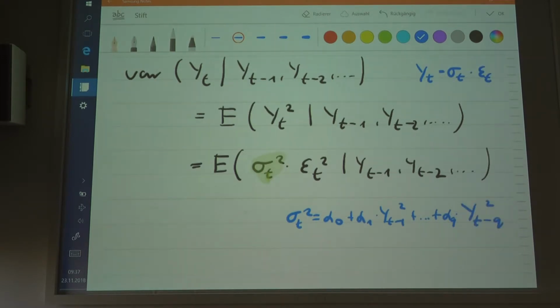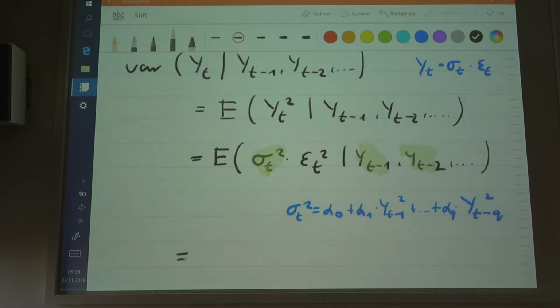Here you have already the past of the process. If the path of the process is known, then the value for sigma squared is also known at point t already. So you could just take it out of the expectation operator.